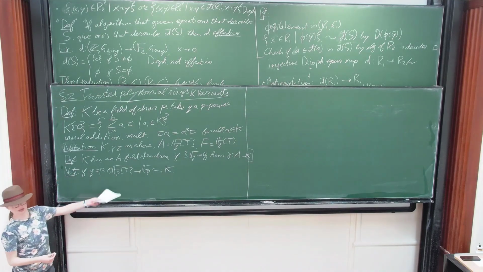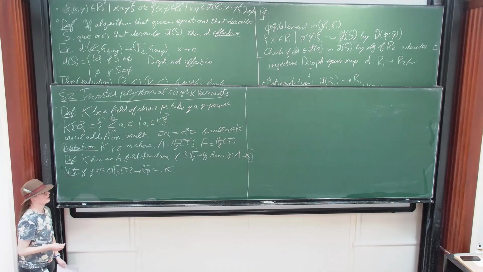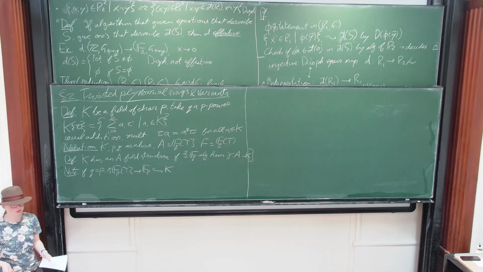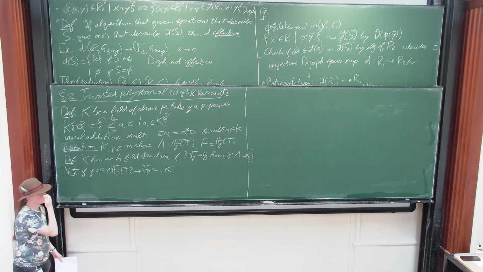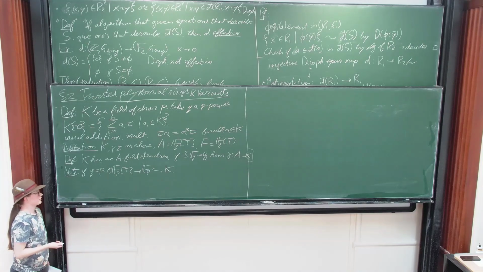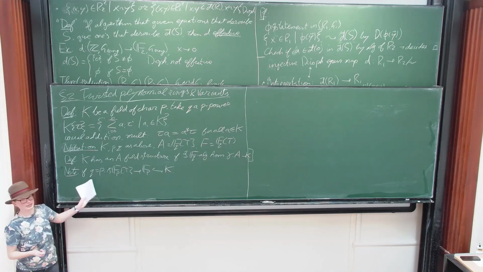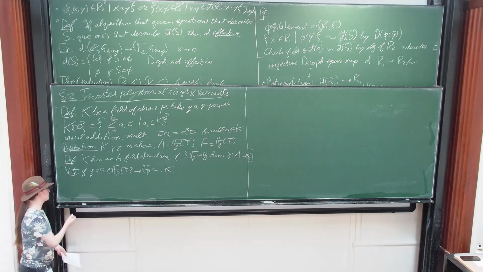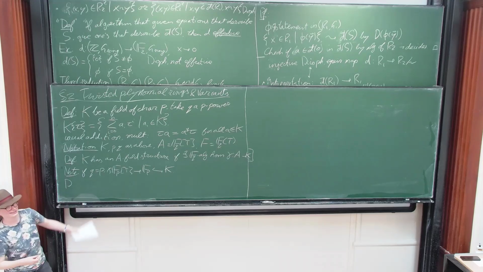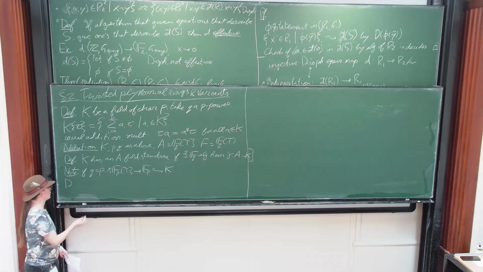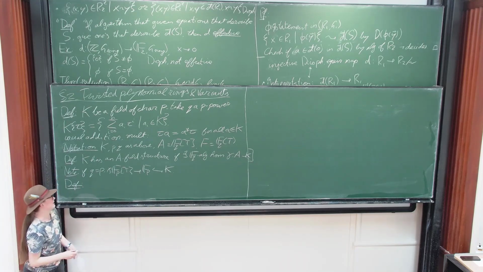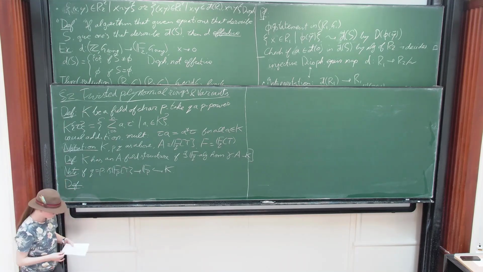The reason why we do this is that twisted polynomial rings play a very important role in the setting of Drinfeld modules. That's also where I first saw them appearing. Drinfeld modules use this structure in their definition, and we're going to use these Drinfeld modules to solve Hilbert's tenth problem over these twisted polynomial rings. So from now on, I will assume that K has such an A-field structure.